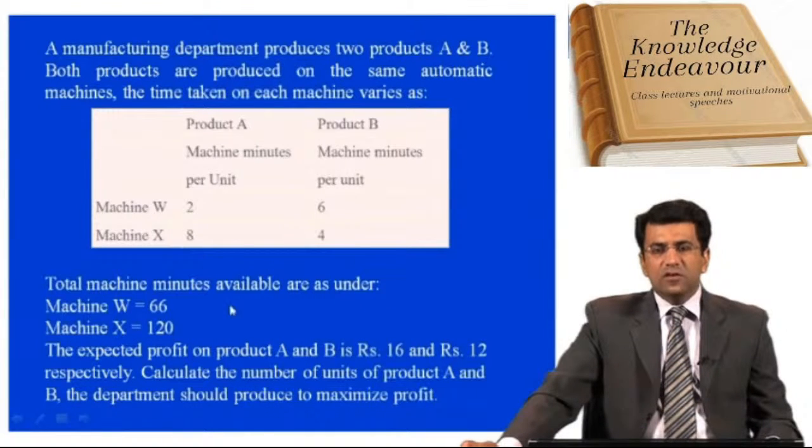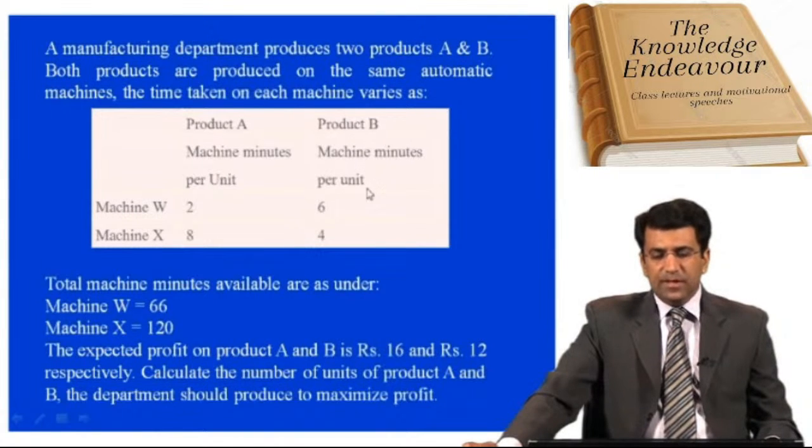And after analyzing this particular situation, we came to know that there are two decision variables, that may be x1, x2, or that may be x, y, that is the number of products for product A and the number of products for the product B.